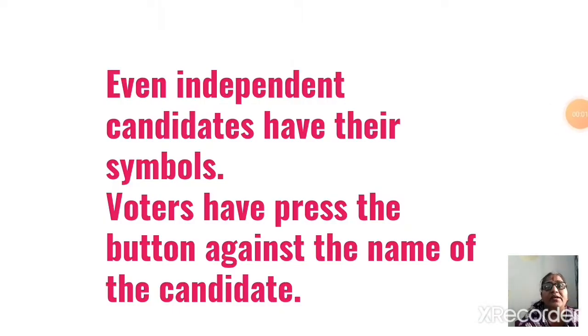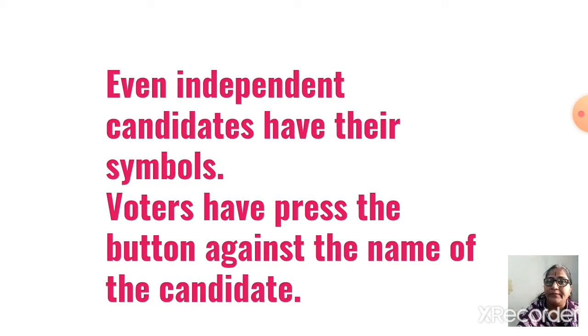Children, now even these independent candidates. Now who are these independent candidates? They are the candidates who are not in any party. They contest elections individually, independently. Even these independent candidates have their own symbols. These are allotted to them by the election officials.